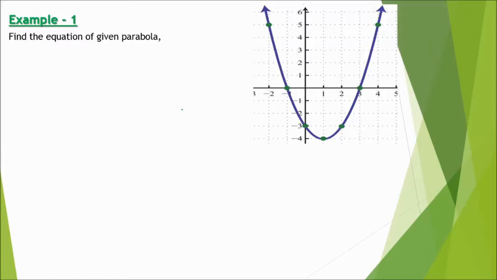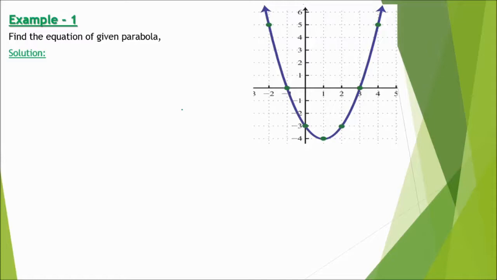Now there is a parabola in the graph, and we have to find its equation. Solution. The first thing is, to find the equation of any parabola, we need at least 3 points. And if we have the vertex, then one point will be enough.